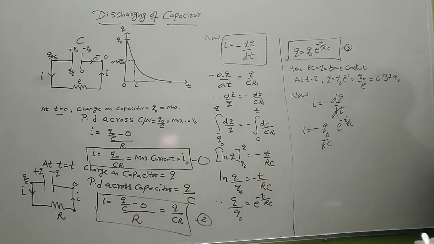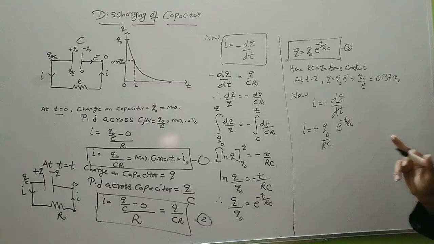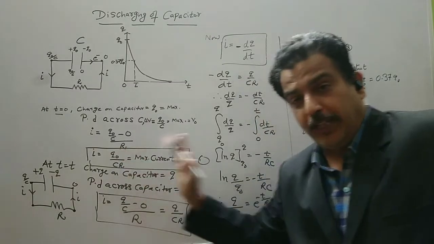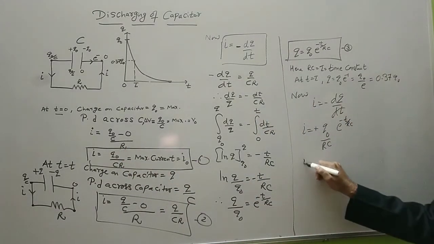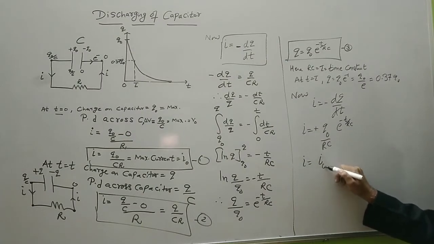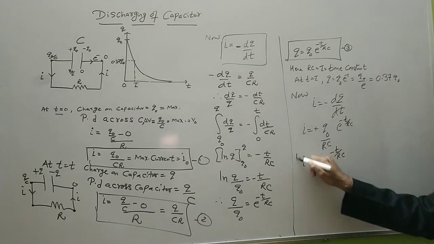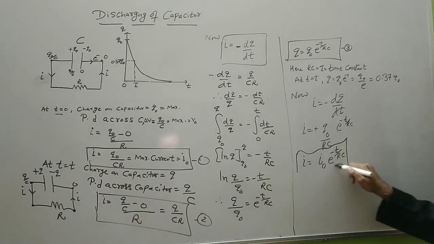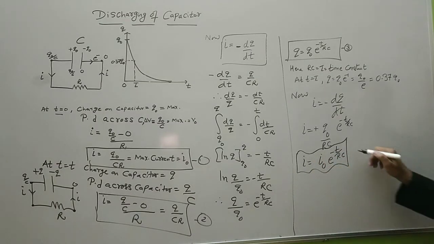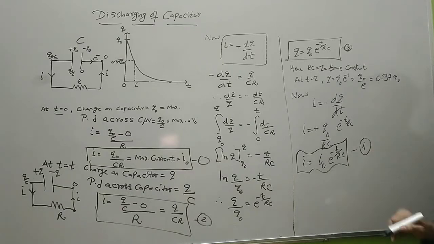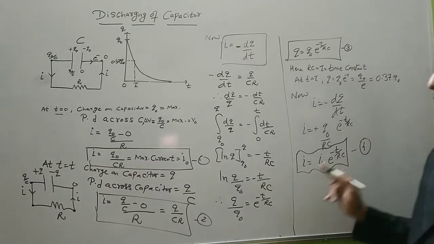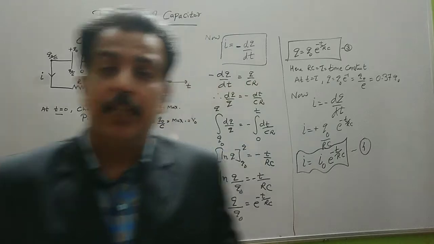Now what is q naught upon RC? We have already written here that Q naught upon RC is the maximum current. So I is equal to I naught e raised to minus t upon RC. Again, the current decreases. Same formula which was there during the charging.